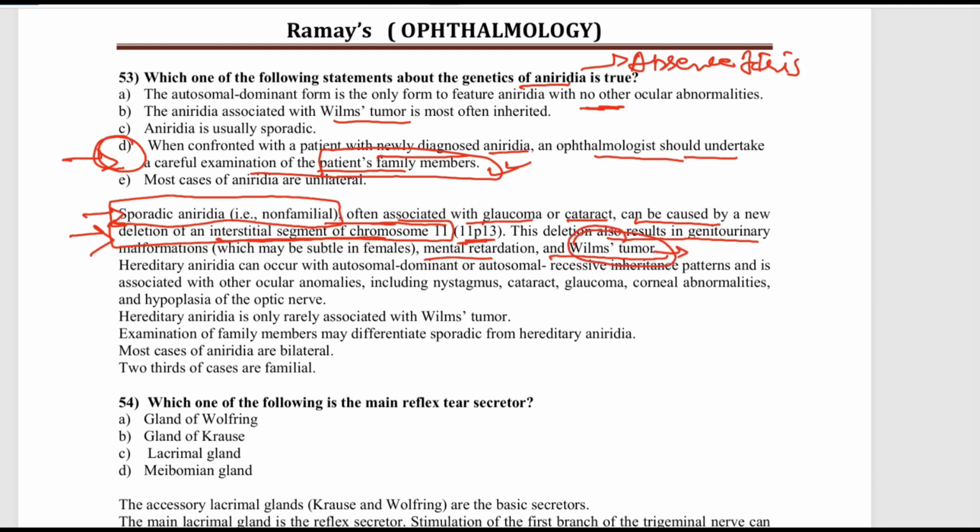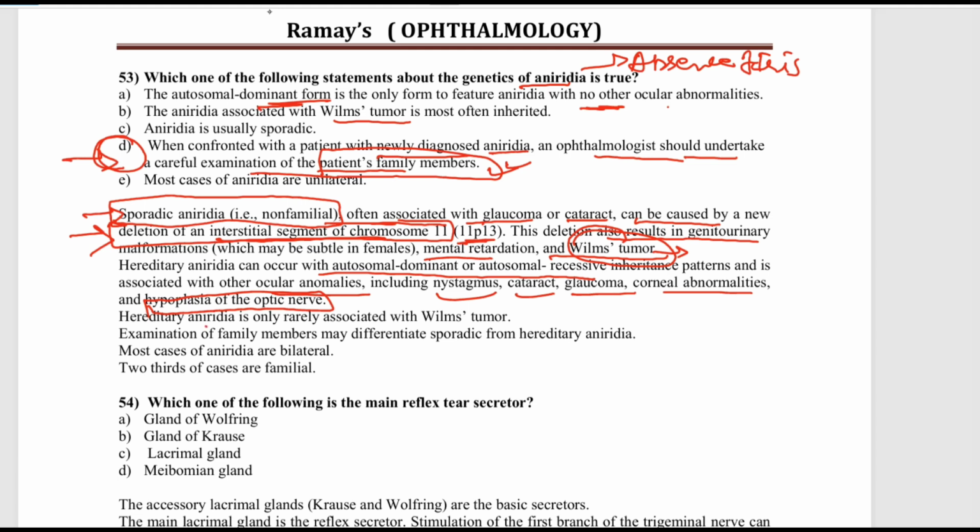Hereditary aniridia can occur with the autosomal dominant or the autosomal recessive inheritance pattern and is associated with other ocular anomalies, including the nystagmus, cataract, glaucoma, and the corneal abnormalities. And there is also hypoplasia of the optic nerve. So, hereditary aniridia are also associated with ocular abnormalities. There was written that the autosomal dominant form is not associated with the ocular abnormalities.